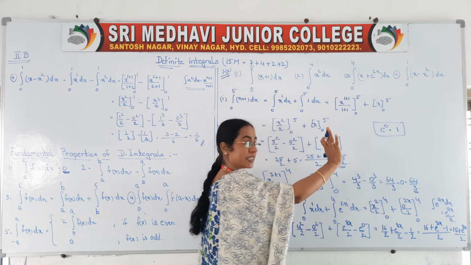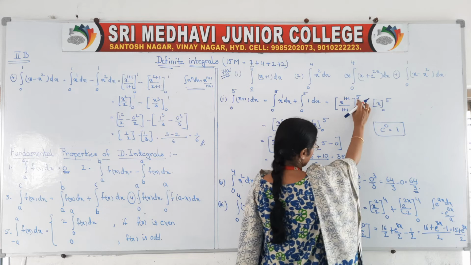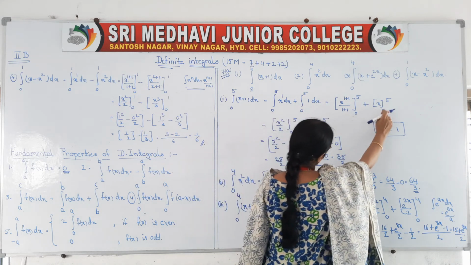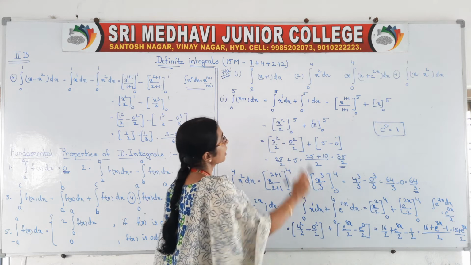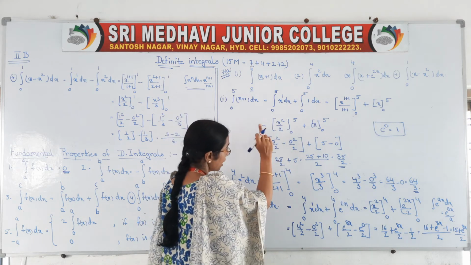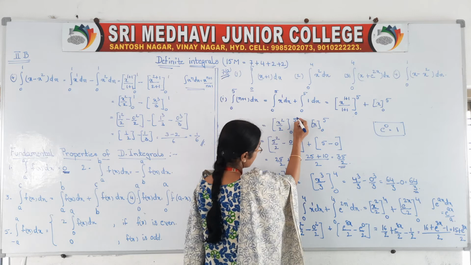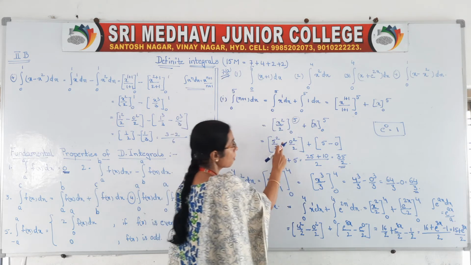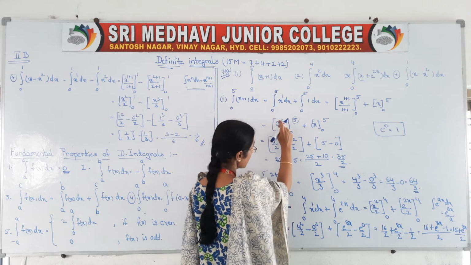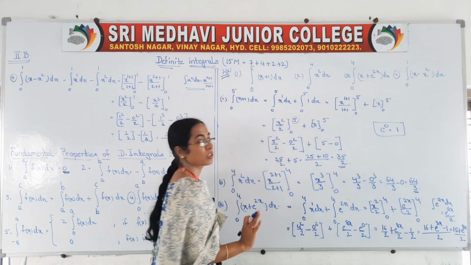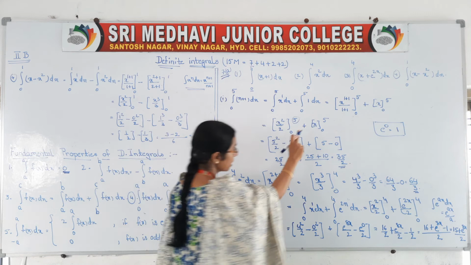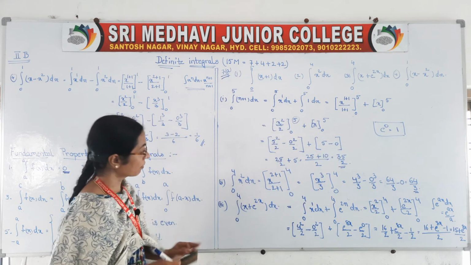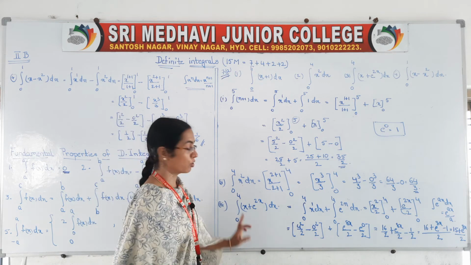Once the formula is taken, on the right side we write the limits. And integral of dx is x, so 0 to 5. Now in the first, in place of x you substitute the upper limit, minus, in the given function wherever x is there, you substitute 0. Similarly here also, 5 minus 0. Simplify. Same thing with the other problems also.